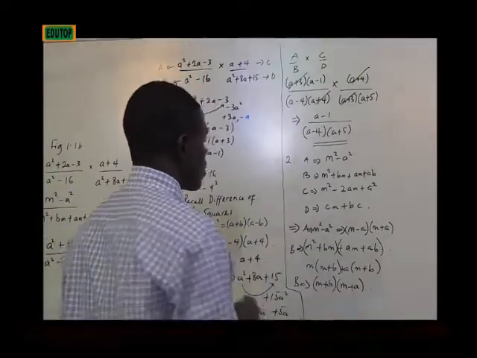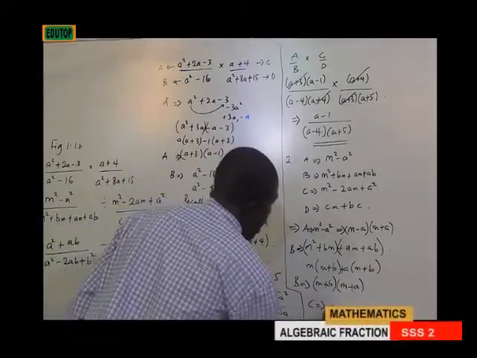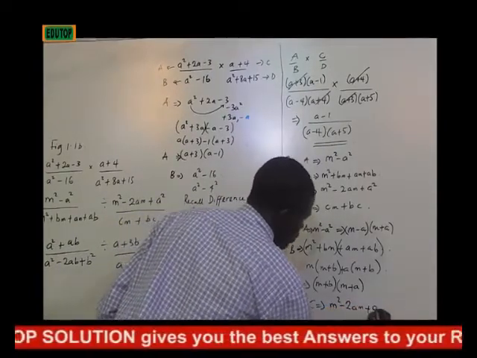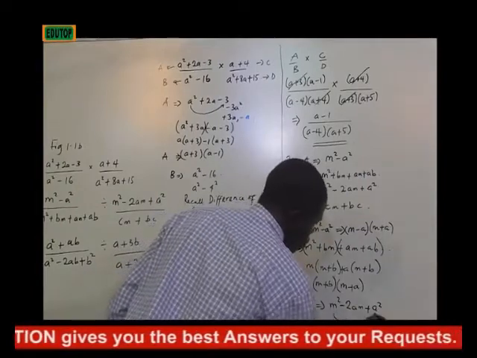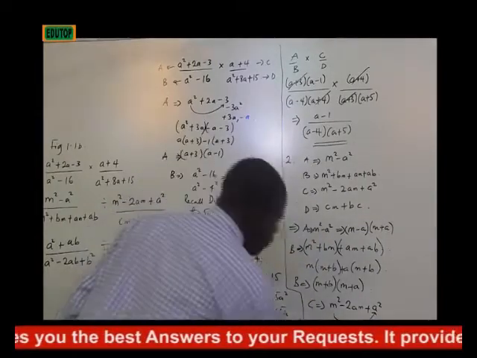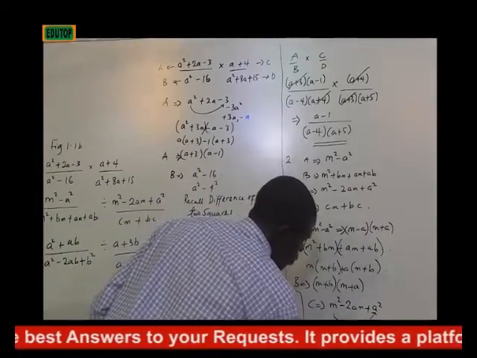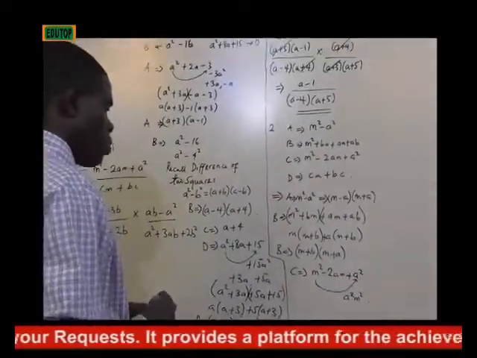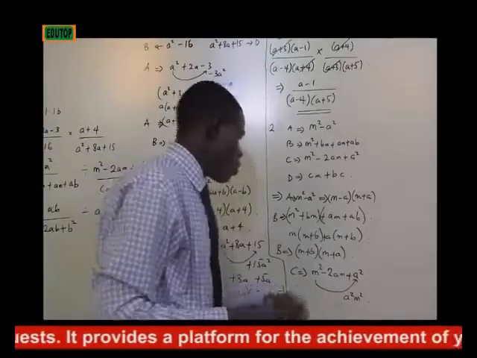Our C is this. So C, I have m squared minus 2am plus a squared. So I can decide to use this to multiply this. I'll have a squared m squared. What are the factors of this that will give us the one in the middle?